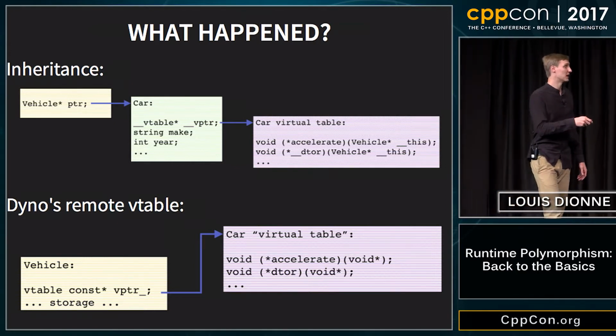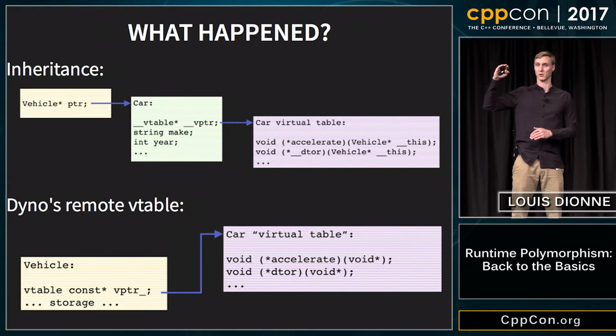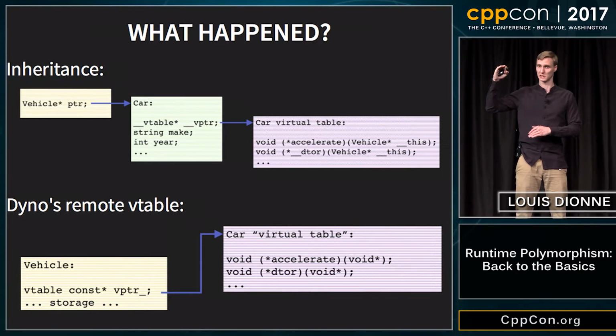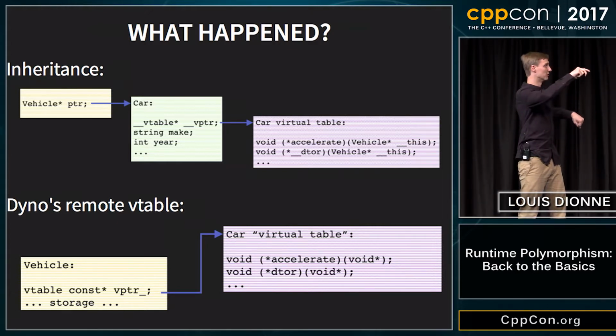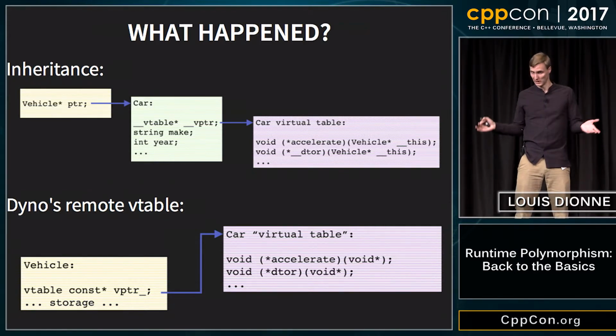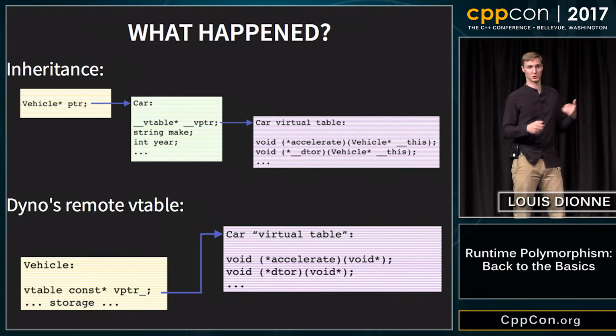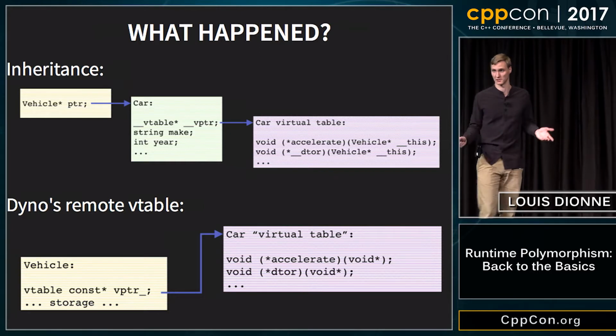And I believe I was probably hitting some inlining limits in the optimizer, and when I made it non-inline, suddenly the Dino remote vtable, because it has one fewer hop, I guess the optimizer was seeing through it better, but it couldn't do that for the inheritance. That's my best guess at this, honestly.